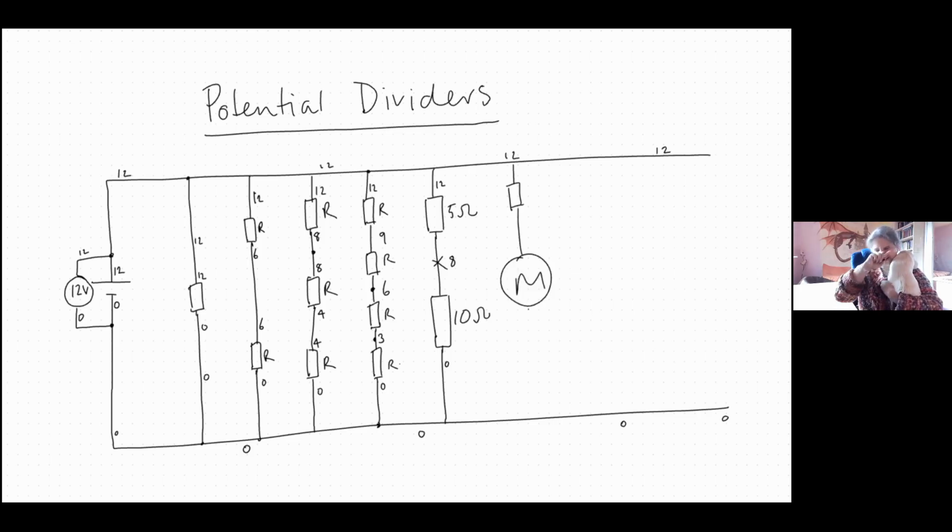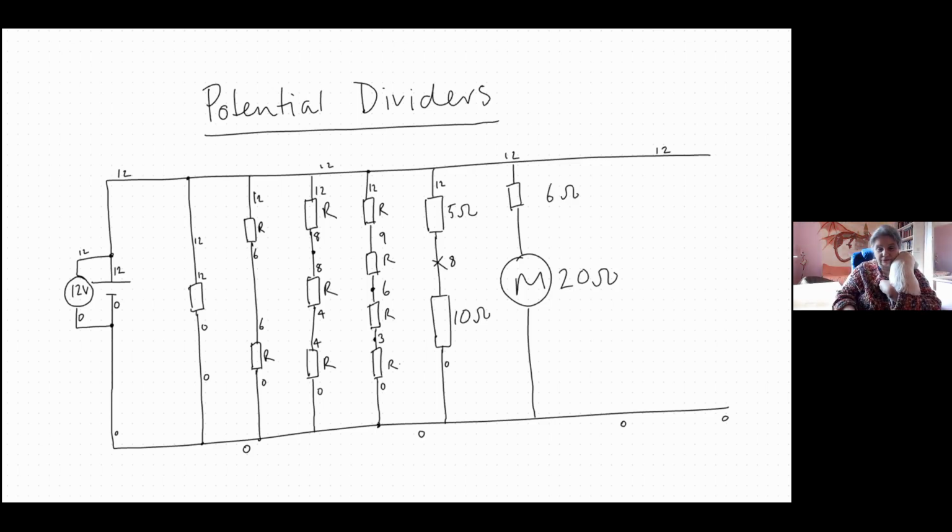The motor has a resistance, let's make it 20 ohms, and the resistor is going to have a resistance of, let's make it 6 ohms, so that it's not nice numbers now.